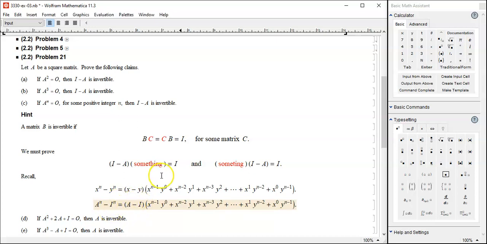Excuse me. You want I minus A, so let's reverse the order. It would have been okay, I only need this negative sign, but well, the problem said I minus A, not A minus I, so let's rewrite it like this.